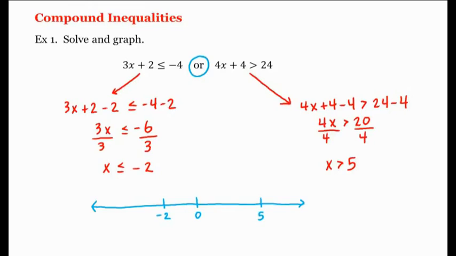All right, x less than or equal to negative 2. We put a closed circle at negative 2, and less than, we go to the left. X greater than 5. X cannot equal 5, so we put an open circle, and then greater than, we go to the right. Which would be our answer?